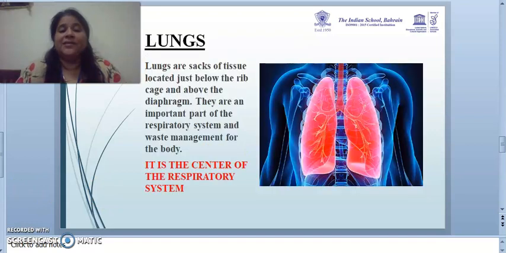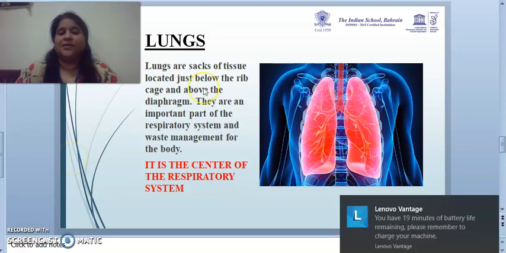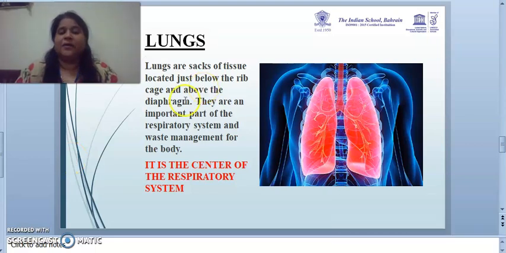Now the bronchioles and alveoli are in the lungs, which are sacs of tissue located just below the rib cage and above the diaphragm. We have a pair of lungs, one on the left side and the other on the right side, protected by the rib cage. The left lung is slightly smaller than the right lung.